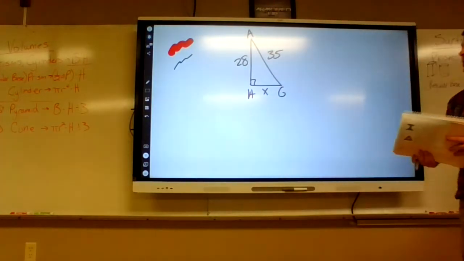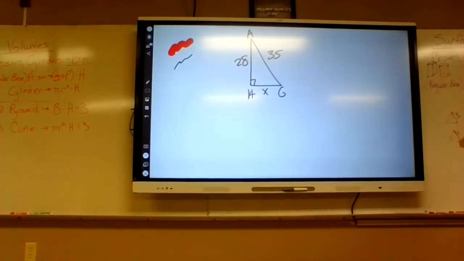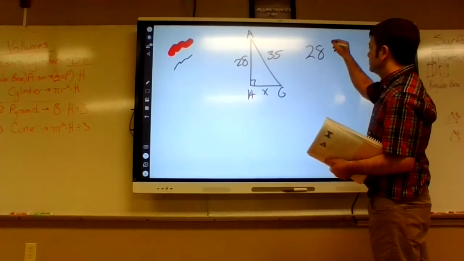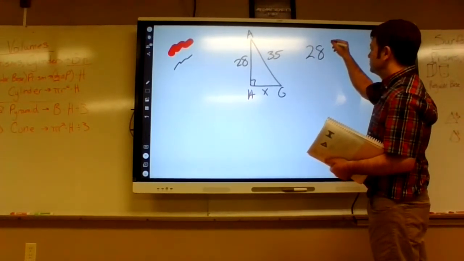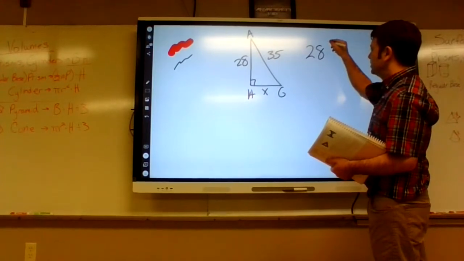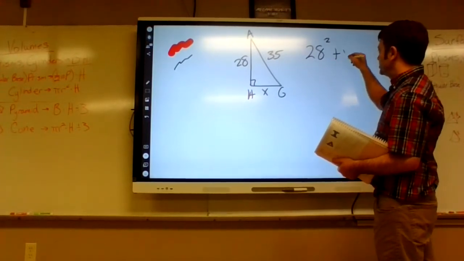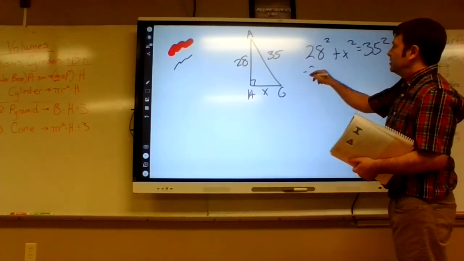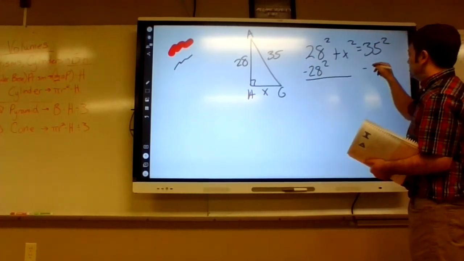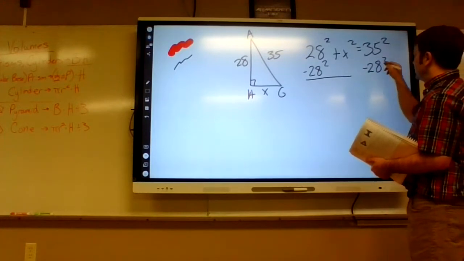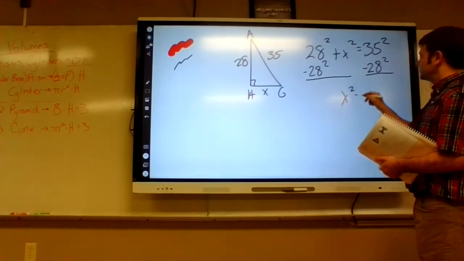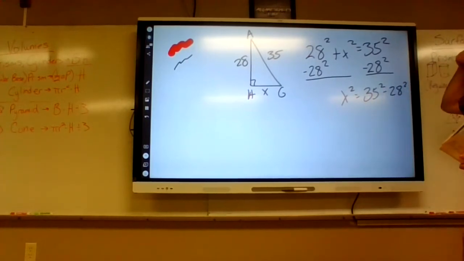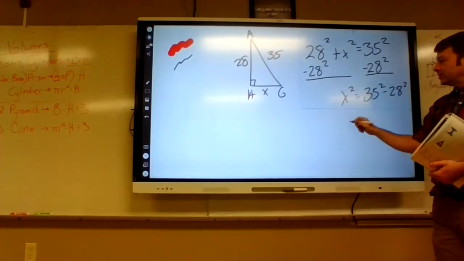So how do I find X right there, the apothem? 28 squared plus X squared equals 35 squared, which means X squared is 35 squared minus 28 squared. But then what do we have to do at the end? Square root it, right?